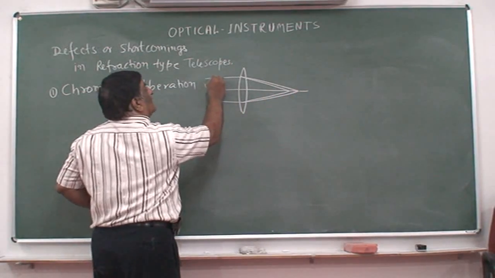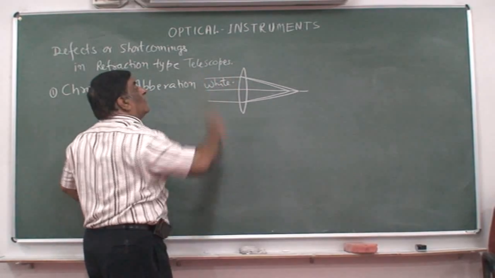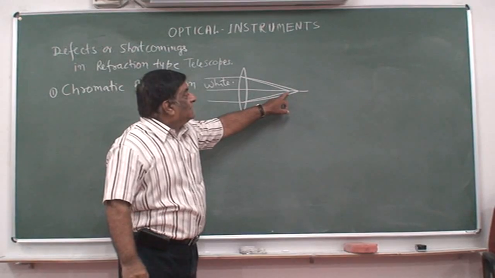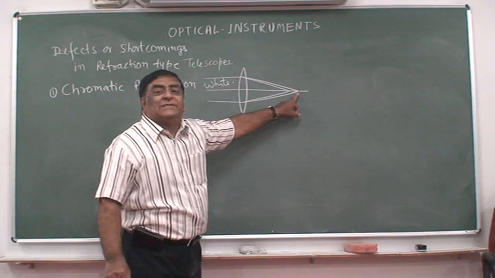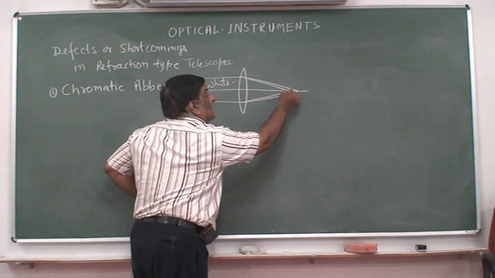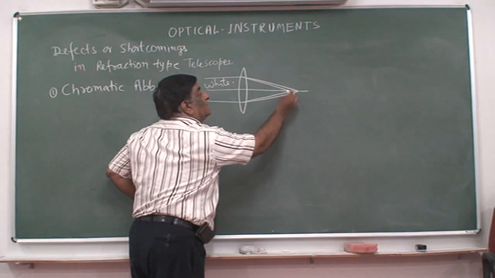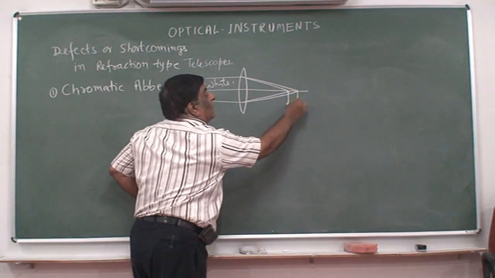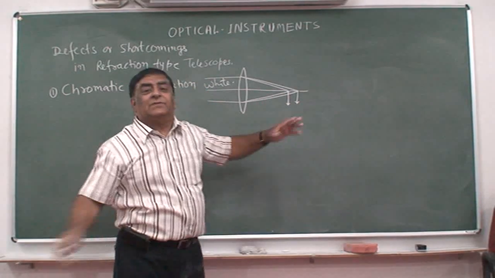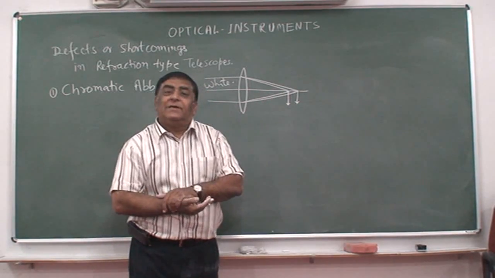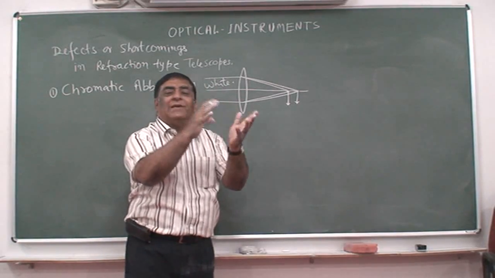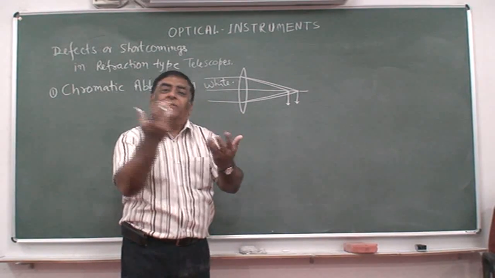And this was white. Now you see, where does it focus? The blue focuses at one place, the red focuses at one place. Here there will be a blue image this way, and here there will be a red image. The colors are separated. Now we see many images. One is blue, one is red, one is green, one is yellow, whatever.